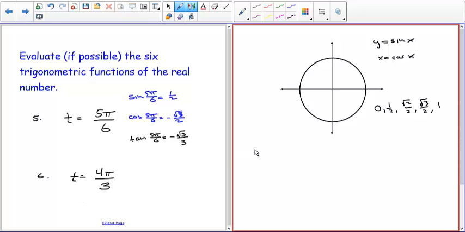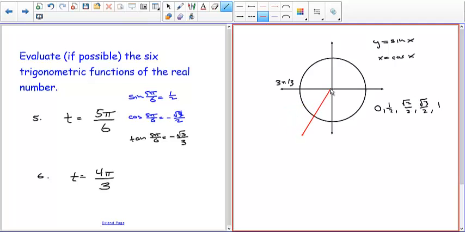Okay, so where is this? 4 pi over 3. So 4/3 is greater than 3/3. So this is 3 pi over 3. It's 1 pi. And so 4/3 is 1/3 more than that. And the thirds, this is 1/6 added.